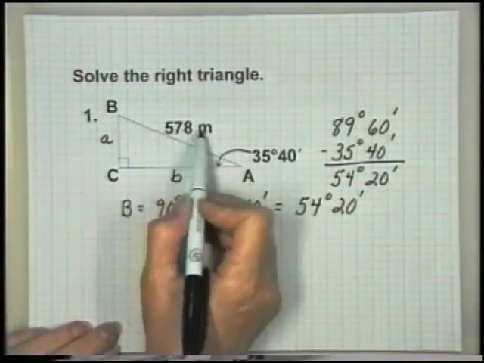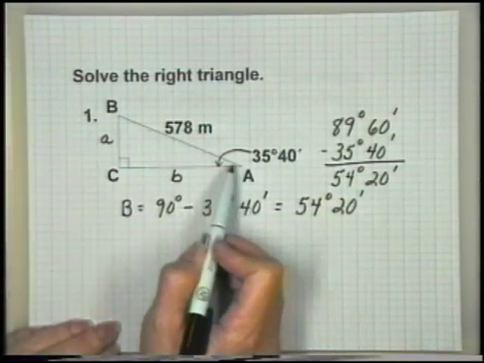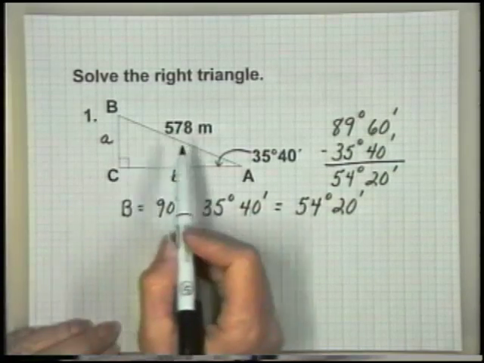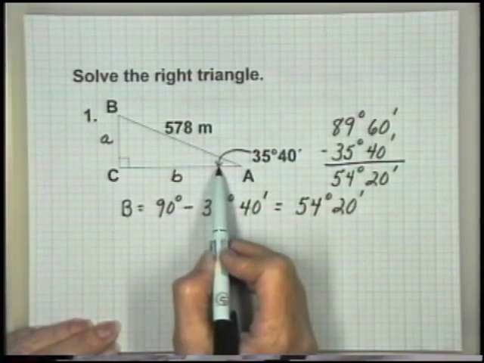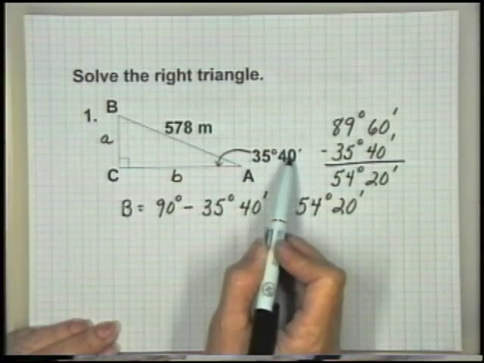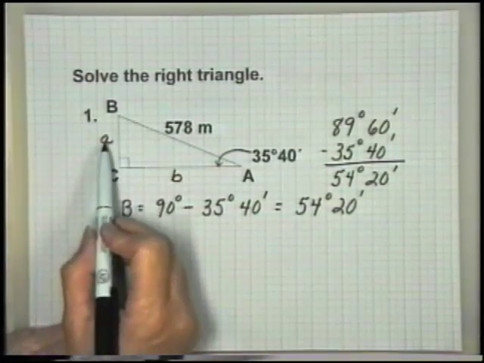What we do is we decide which side we want to find, and we relate it to the information that was given in this triangle. Do you remember which information was given? We were given that the hypotenuse, the side across from the right angle, was 578 meters, and that angle A was 35 degrees 40 minutes.